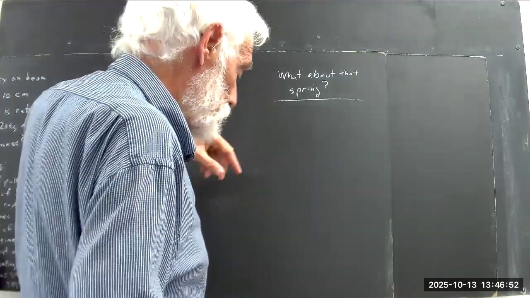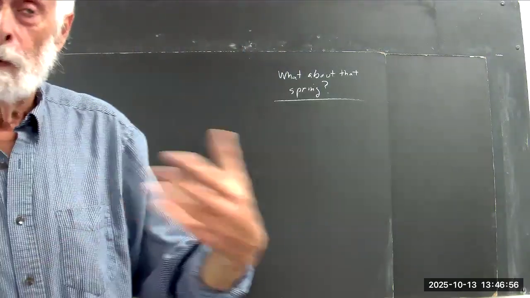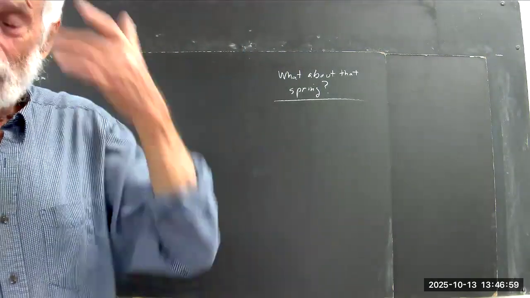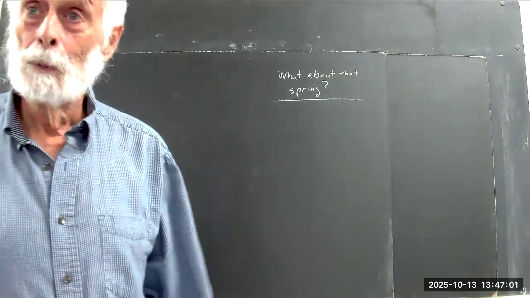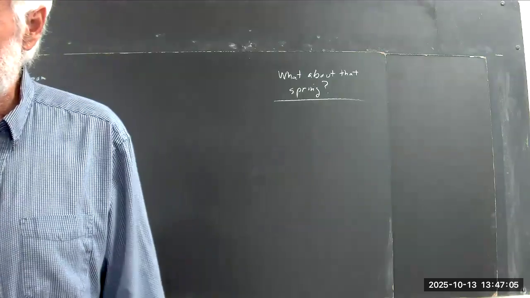Okay, so what about the spring? Well, now I'm going to start talking about potential energy because we've already introduced it. And some of you wrote the definition down in your paper, which I liked a lot. It's equal and opposite to the work done by the conservative force.